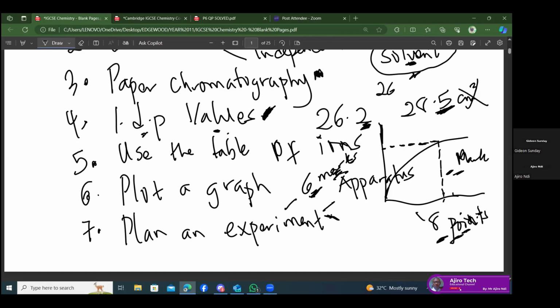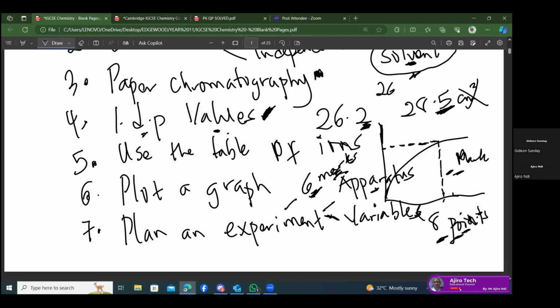But one area where the points come from is the fact that you mentioned the apparatus. The other points go to the fact that, if it's an experiment, you mentioned the variables that you are controlling: your independent variable, the constant variable, or whatever. You could also get marks for listing out variables you're trying to control or to measure.